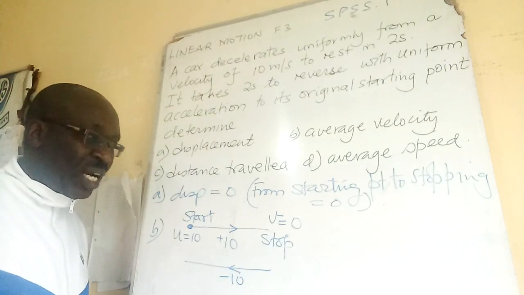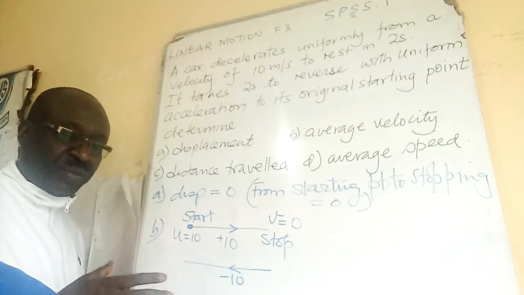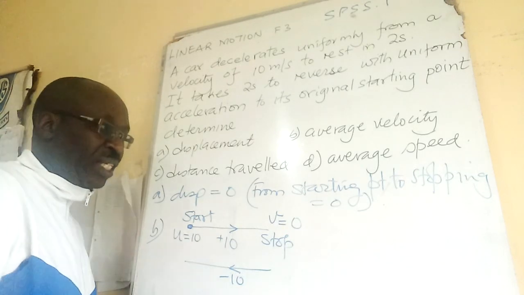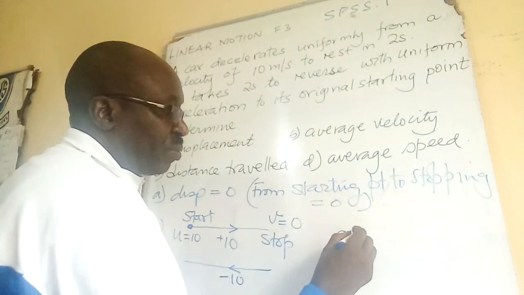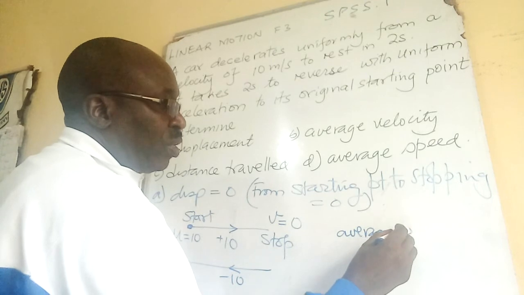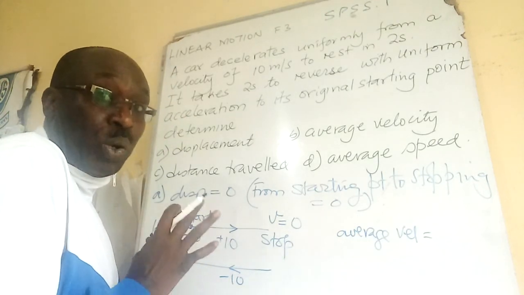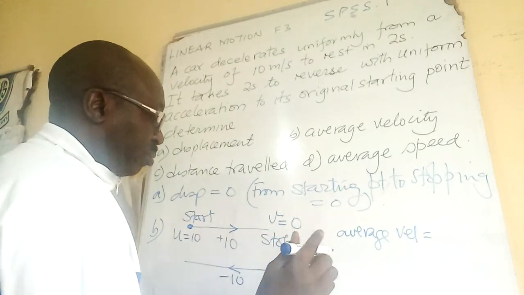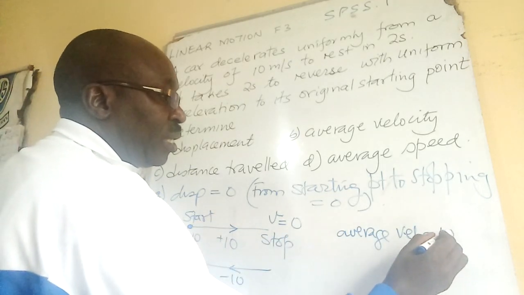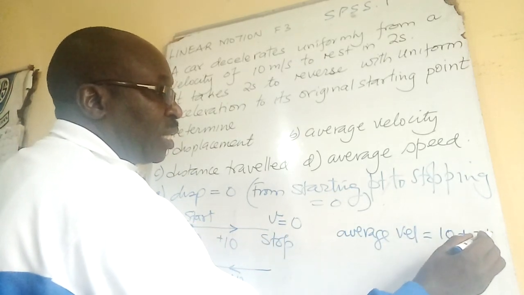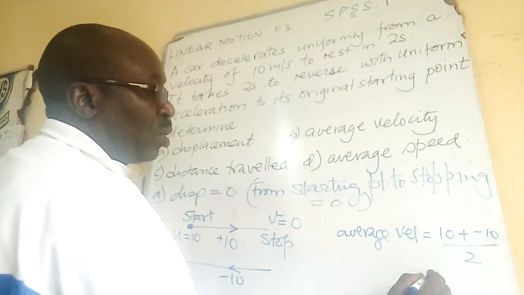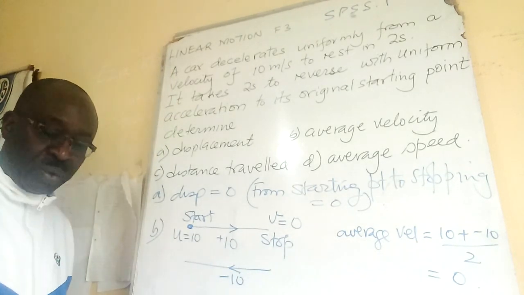So when I want average velocity here for this motion, I'll say average velocity is equal to, these are two portions of the journey, so 10 plus negative 10 divided by 2, which is equal to 0.